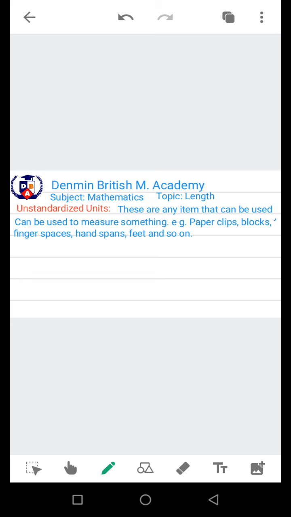So we have blocks. You can use blocks to measure length. You can use finger spaces. You can use hand palms, hand spans. You can use feet, and so on. For example, with feet, if you want to set up the goalpost to play ball, you place one block in one place.